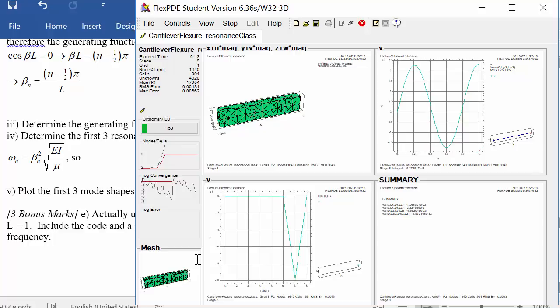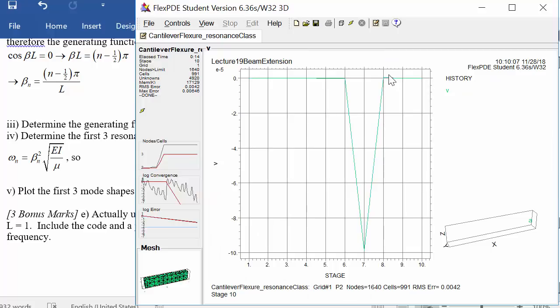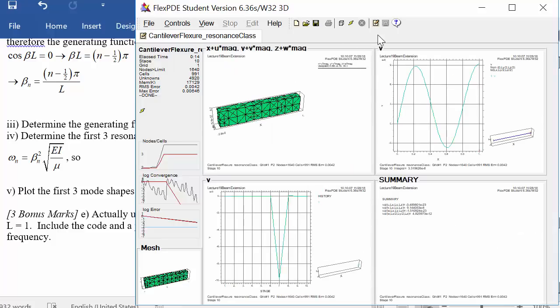Oh, that's pretty close. Ooh, this is a tricky situation. It looks like, because this one is just slightly above 0 over here compared to this, that tells you that it is very close to stage 7, but slightly towards stage 8.